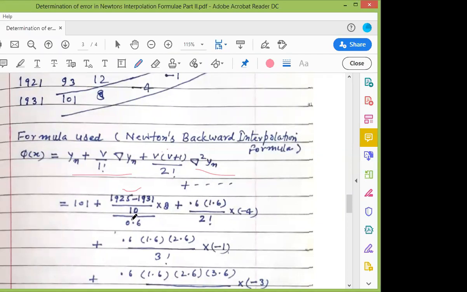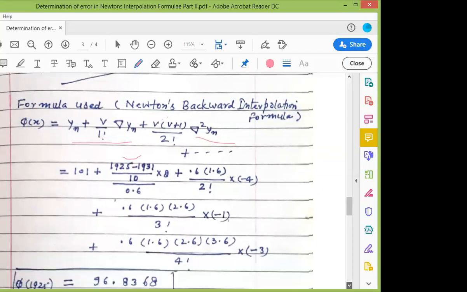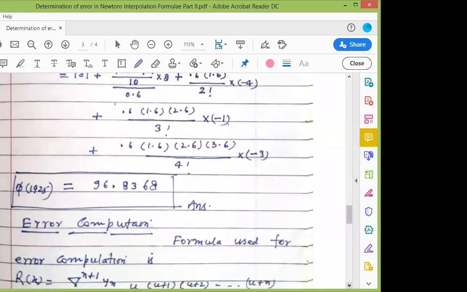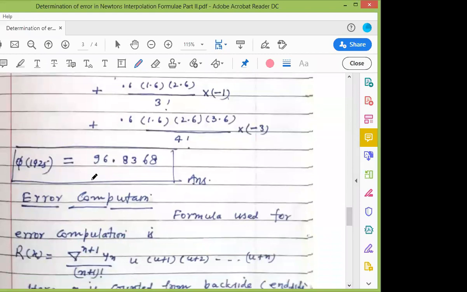We have computed this value of v, and here 0.6 is the v. So ultimately we come to five parts, 5 factors. So now 596 point something is coming.